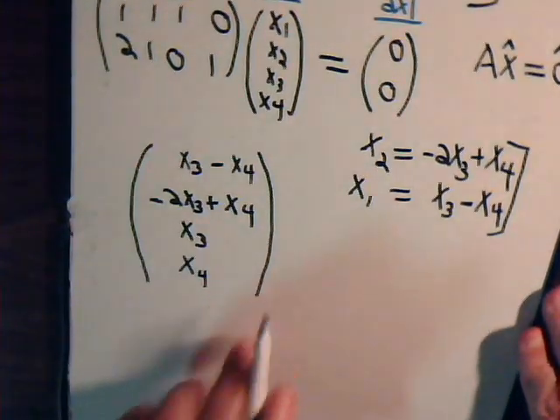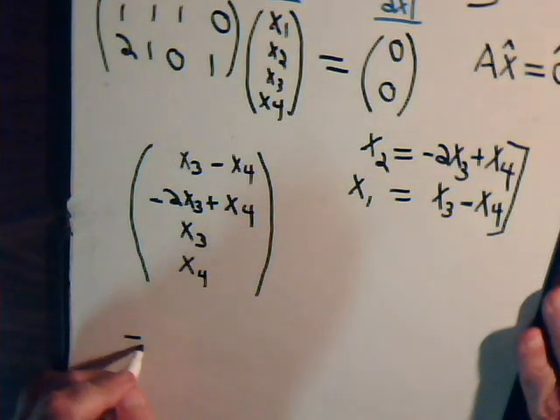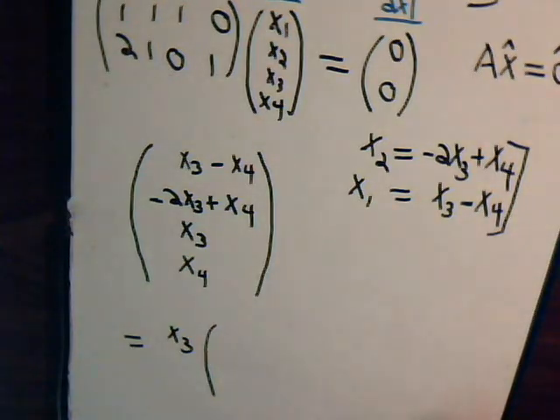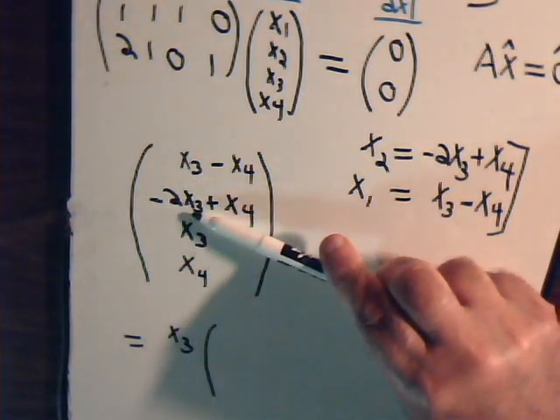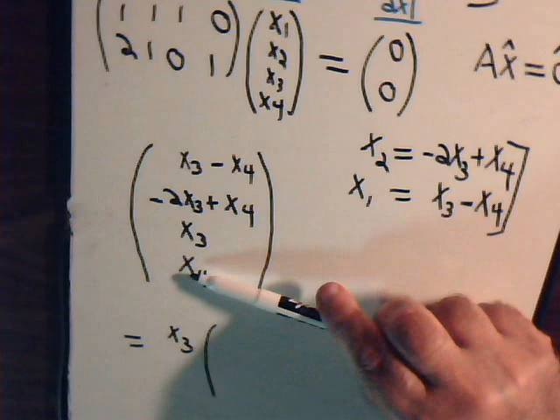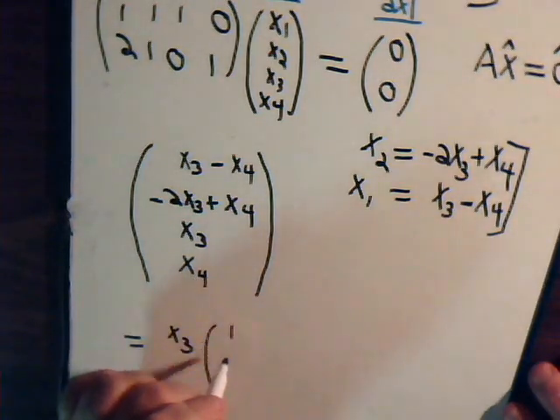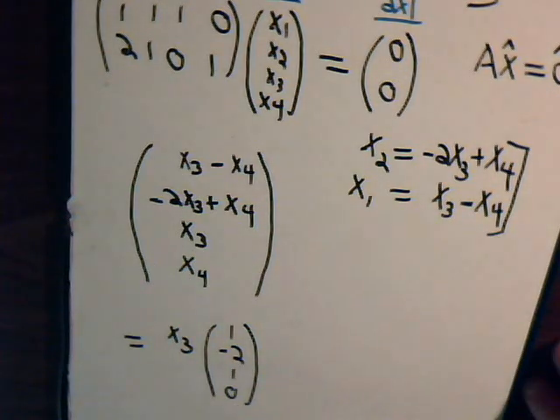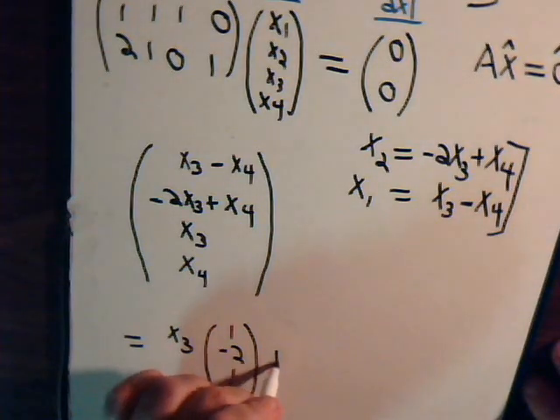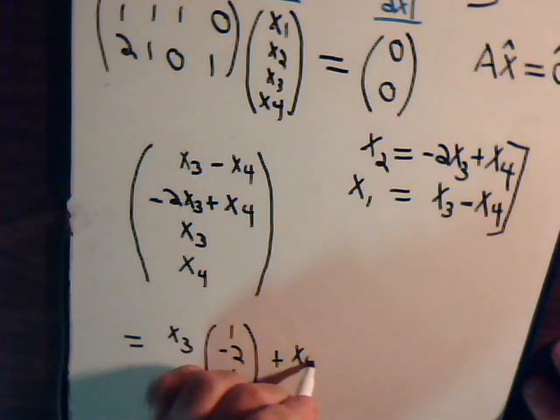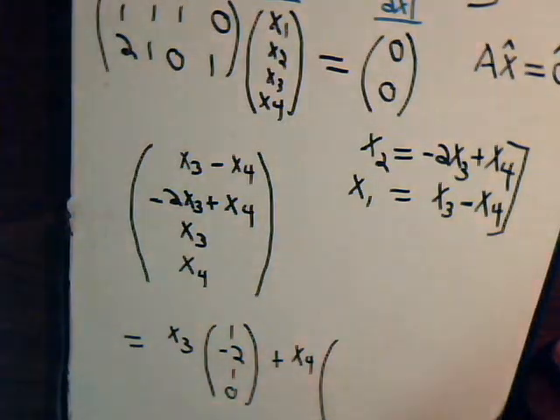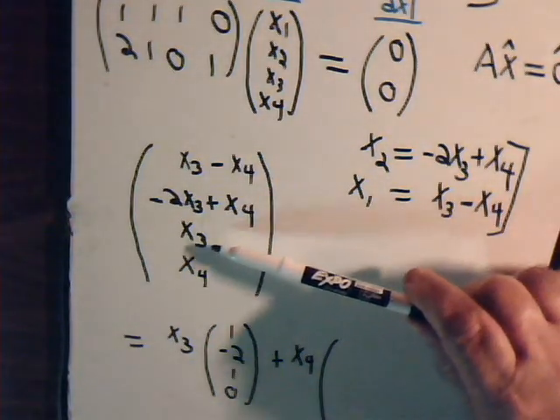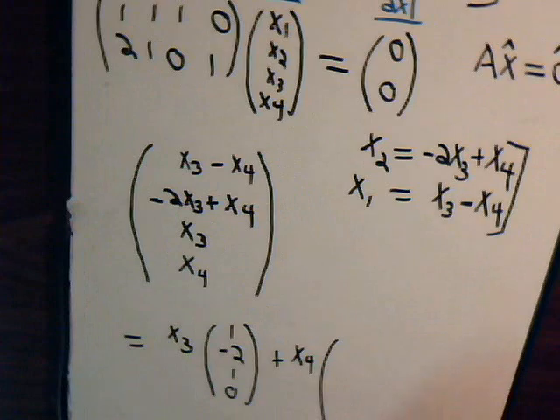This would be equal to x3 times the vector 1, negative 2, 1, 0, like this, plus x4 times the vector negative 1, 1, 0, 1.